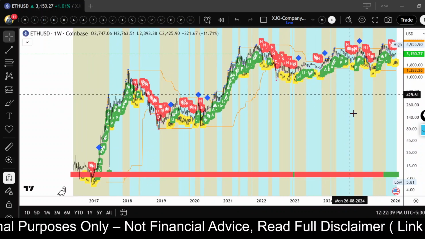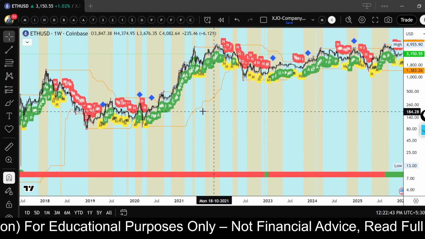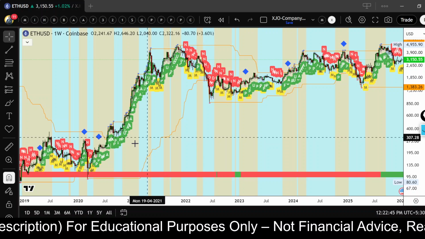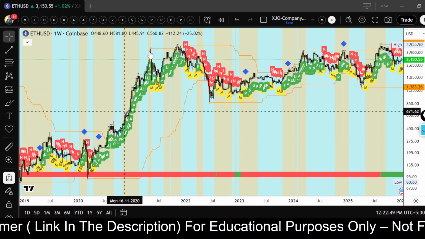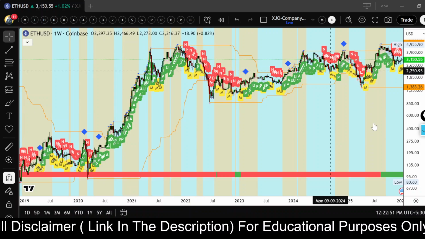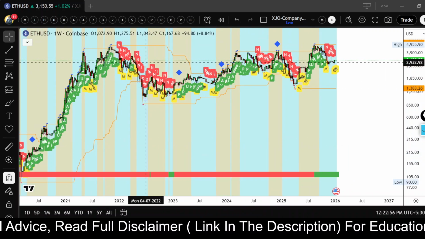So here, last time the bull run started, at this point, it gave me a signal at 294 and then it went up and then sideways. And now it is kind of sideways at the moment, right?